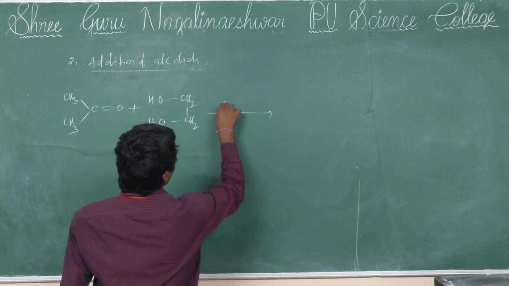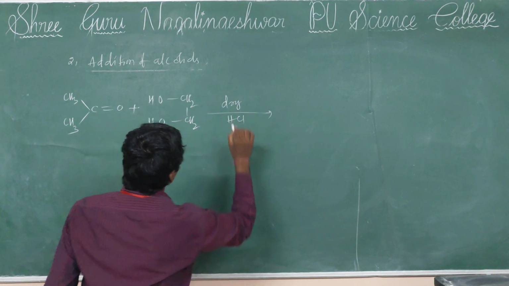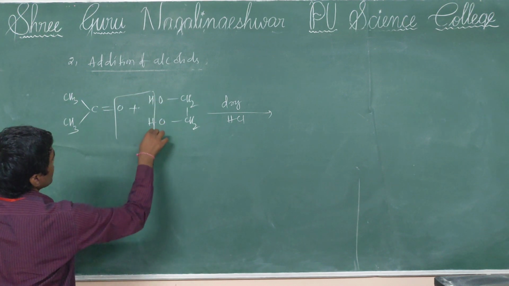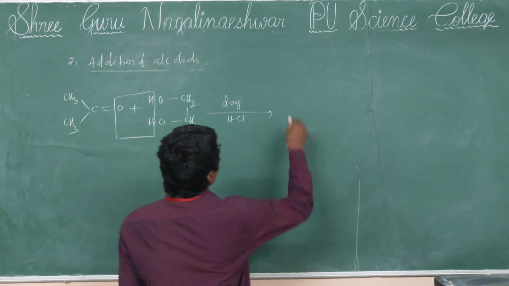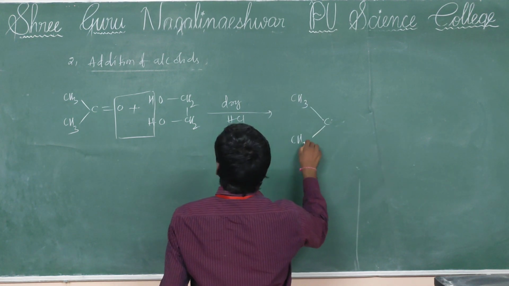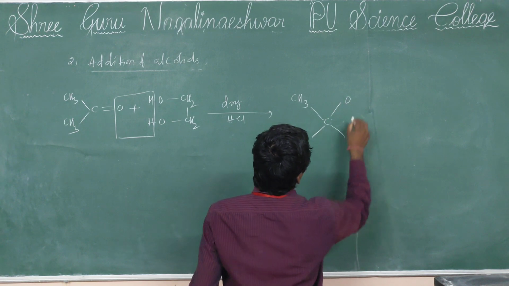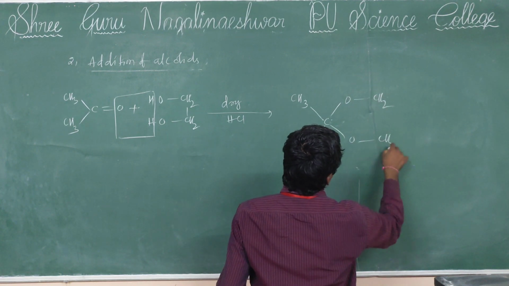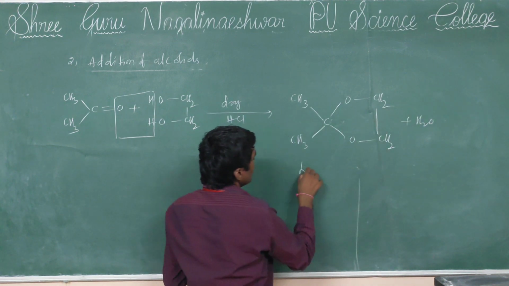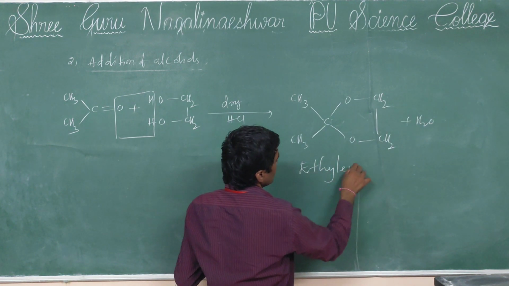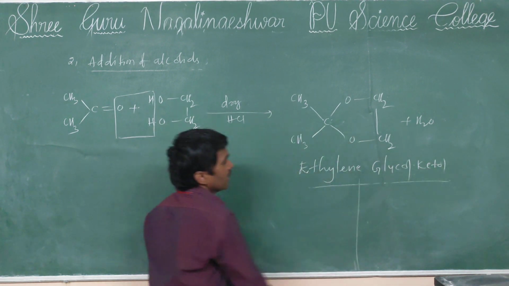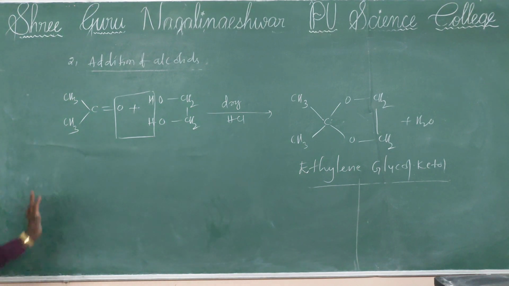The ketone reacts with ethylene glycol in the presence of dry HCl. Then what happens? Water is eliminated, and then an ethylene glycol ketal is formed. You remember.